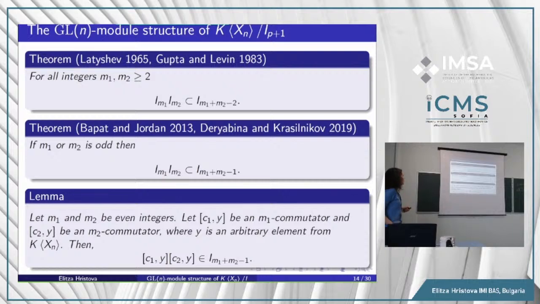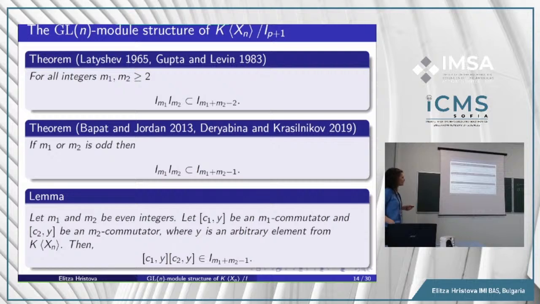Unfortunately this does not hold if we drop the condition on n1 or n2 being odd, but there is one more condition that we can add to make this bound work again. If we take two commutators that are even, so they don't satisfy this condition here, but the last entry is the same, then we go to the smaller ideal.